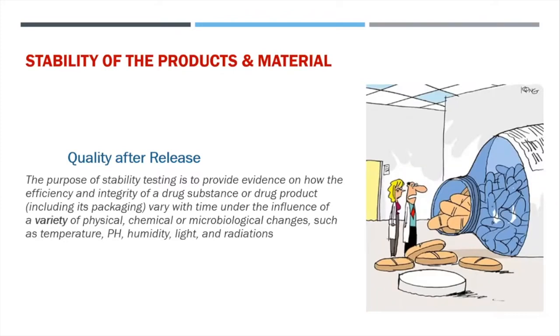And when it's an established product, we take each batch and keep it under stability testing, and then we know at what particular time, under what conditions, the batch is going to deteriorate badly or be affected significantly, so that it might not meet the specifications against which we released the batch in the beginning. And if there is a serious issue, then immediately the product is withdrawn from the market.